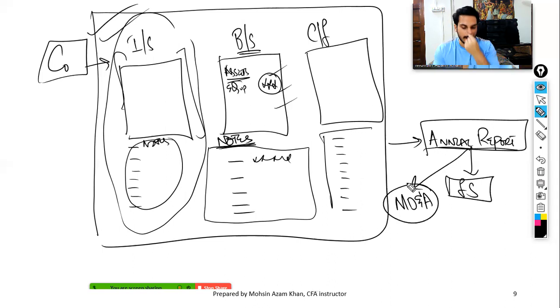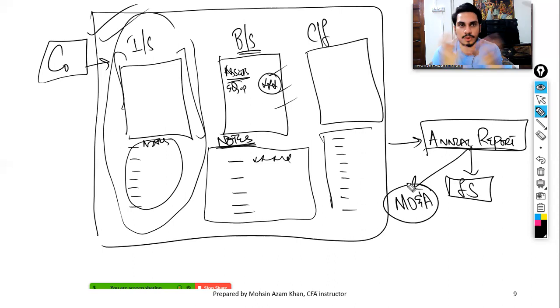So in the MD&A, the company is telling you things from its perception: what they feel about the company, how the company has performed and grown. Remember, it is from the management's point of view.